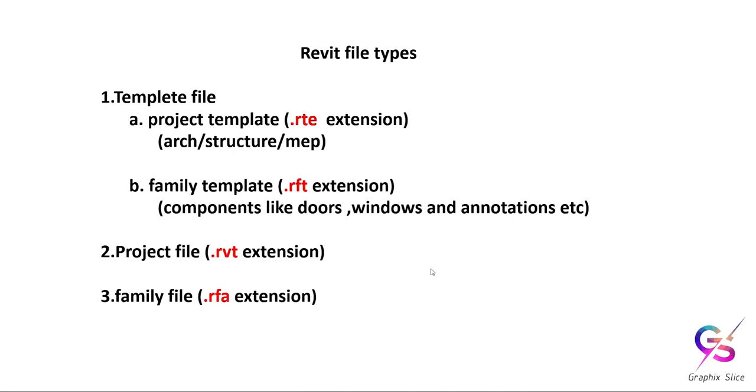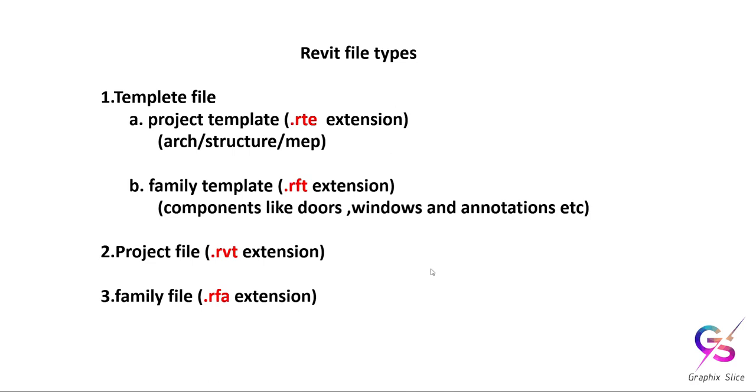So depending upon the necessity or need, you have to choose a type of template. For example, if you are going to start with architecture, then choose the architecture related template. If you are going to start with the structural work, then choose the structure template. Same with the MEP also. If you are going to start with an MEP project, then choose a MEP template.